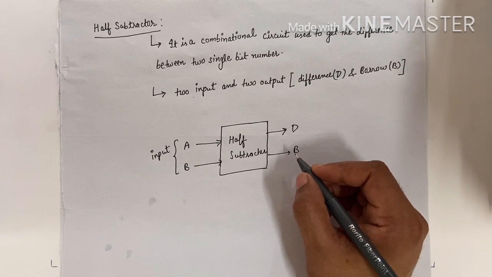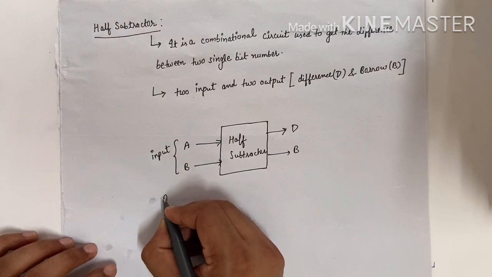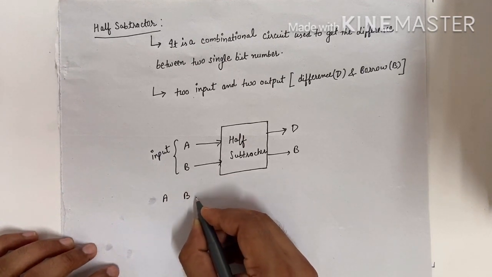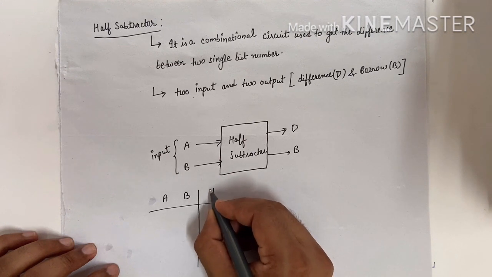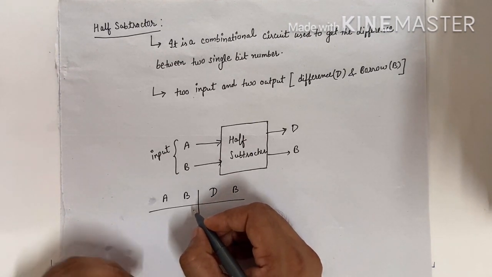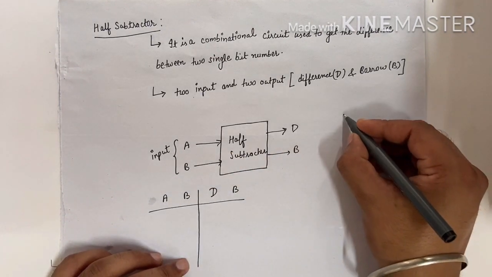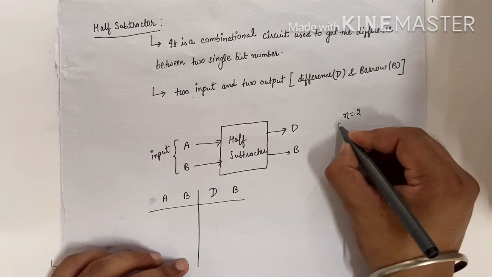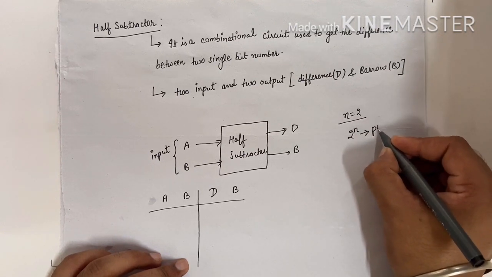In the half subtractor we have to develop the truth table. Suppose we put input A and B here, difference here and borrow here. Firstly, we have to write the possibilities of half subtractor. It has two input. Then 2 raised to the power n is the possible outcomes.